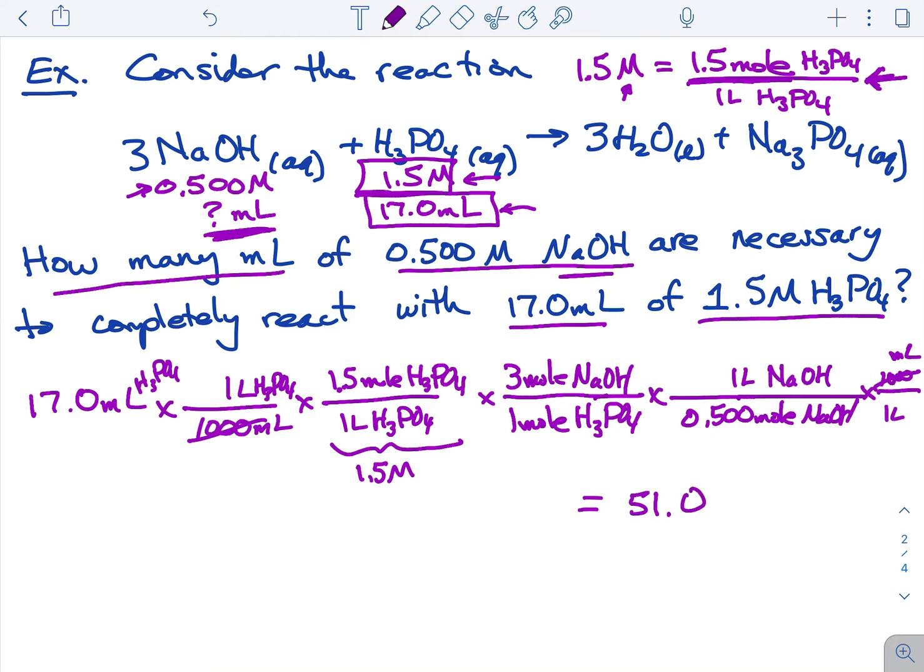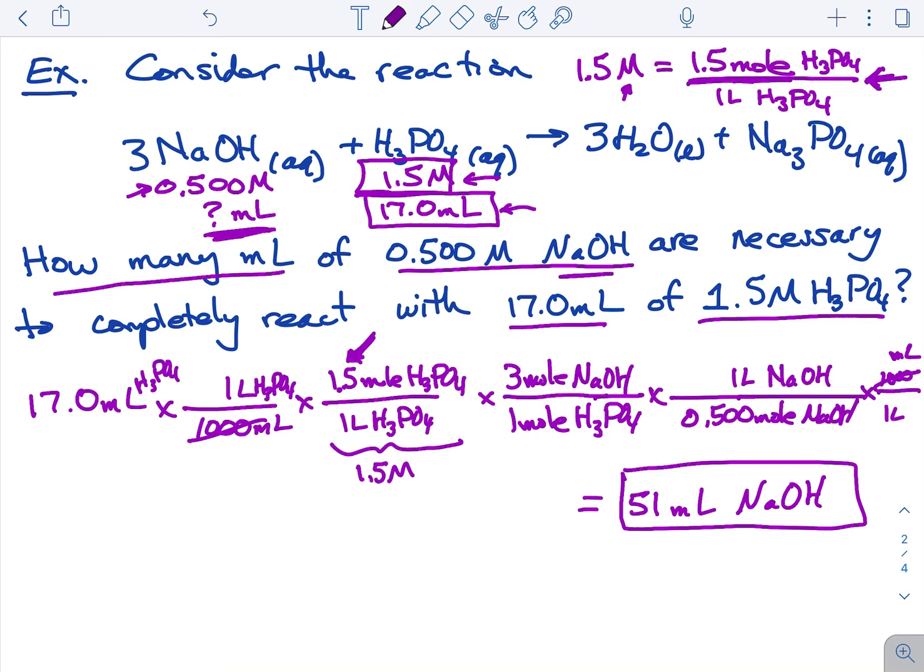Actually, it's 51 because this is the one time we have to look at the conversion factors. The molarity of the phosphoric acid is an experimental value, so it's only got 2 significant digits. So we're going to call that 51 milliliters of the NaOH is going to be needed. And that kind of makes sense.